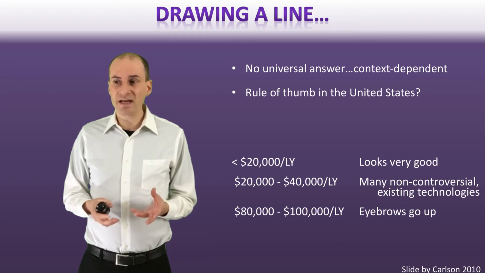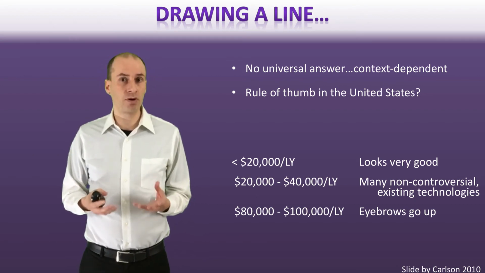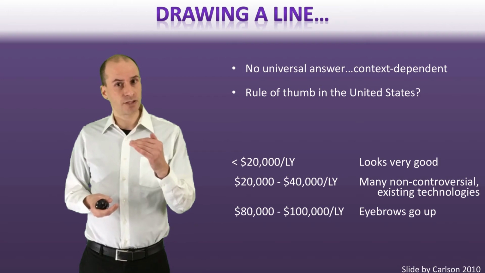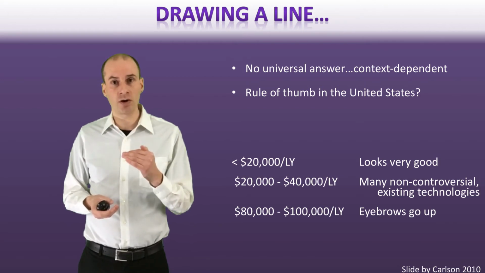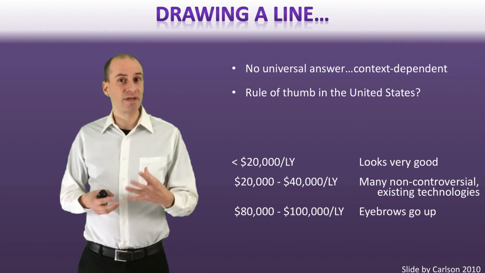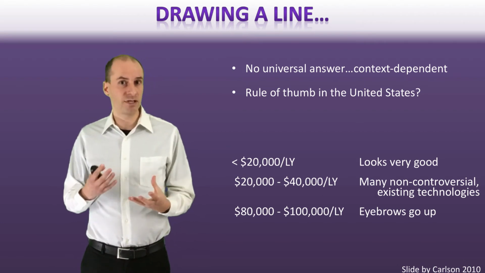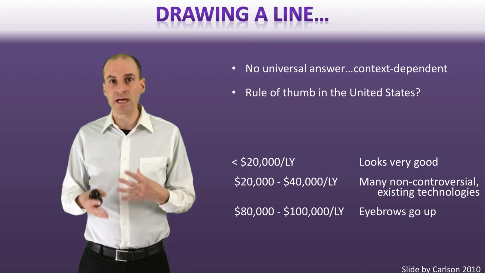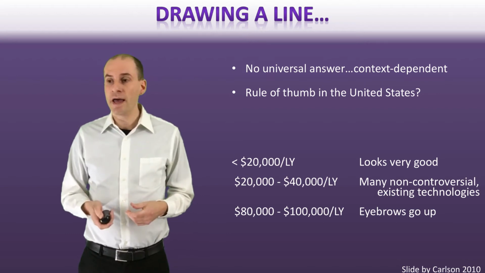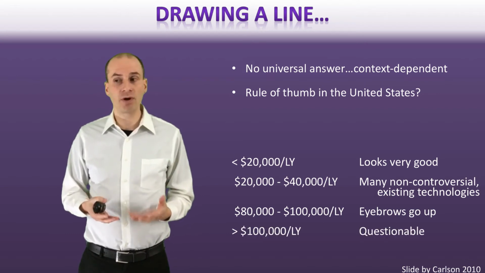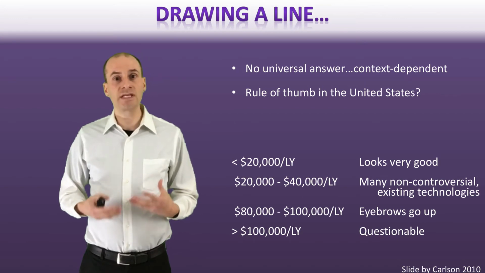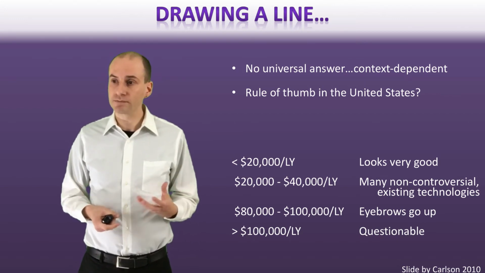When you start getting into the 80,000 to 100,000 per life year range, that's when it starts pushing into the questionable category. Insurance companies sometimes will cover that, sometimes they won't. So that's where you start seeing a bit of a transition. And then once you get over 100,000 per life year, then it becomes seen as being generally questionable.